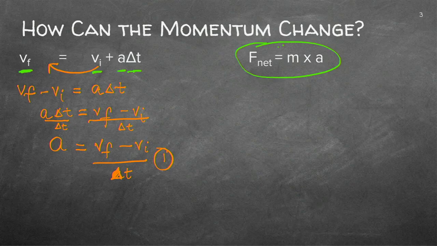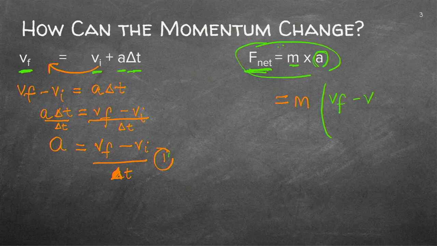In Newton's second law, the net force will cause an acceleration of a specific mass. And now I can substitute this equation into that value of a, which gives me then the mass times exactly what I wrote down here.